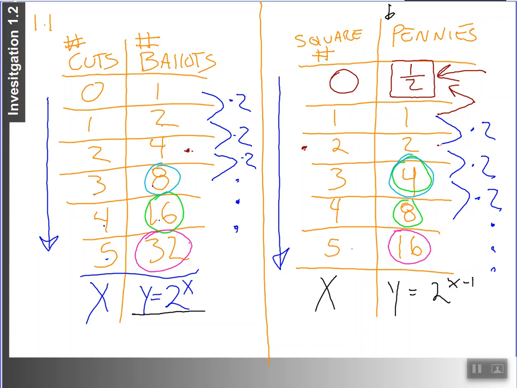May I try to put words in your mouth? Would it be fair to say that this table, the table of squares and pennies, is always one spot behind the table with the ballots? In other words, 1 is occurring with 1 here, but it's occurring with 0 here. 2 is occurring with 2 squares, but it's occurring back 1 square here.